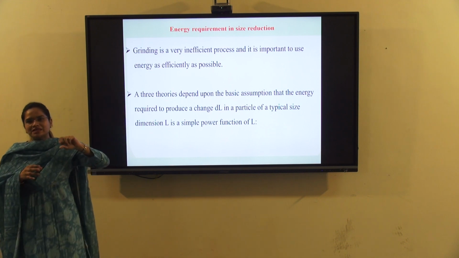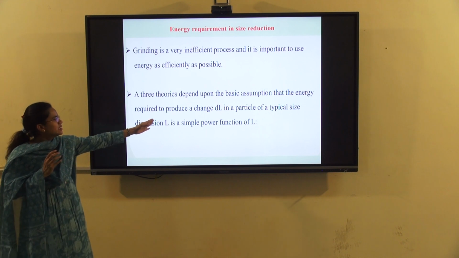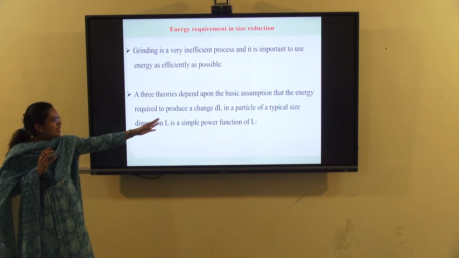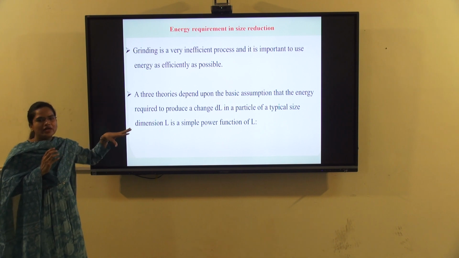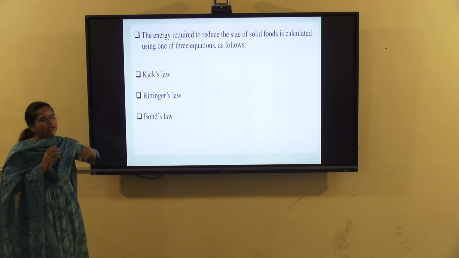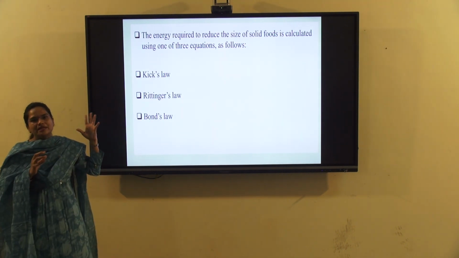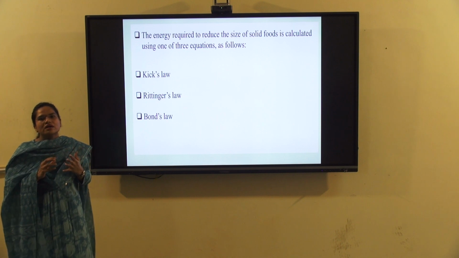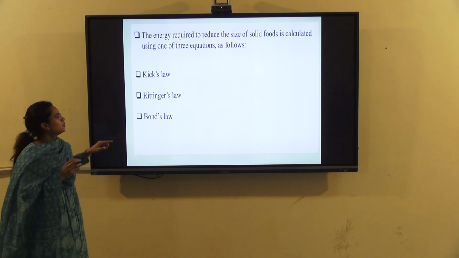After applying the stress, the dimension is changed. The change dL in a particle of typical size is a simple power function of L. So the energy requirement in size reduction can be determined by three different laws: Kick's law, Rittinger's law and Bond's law.